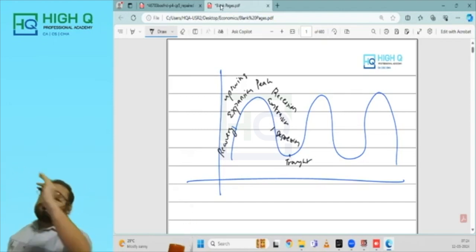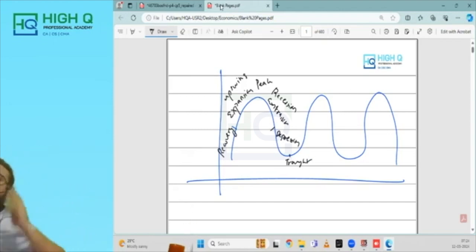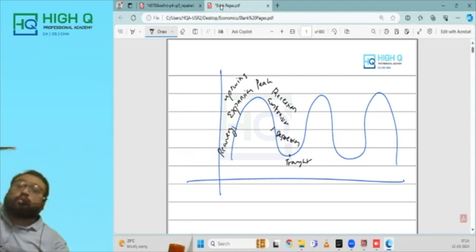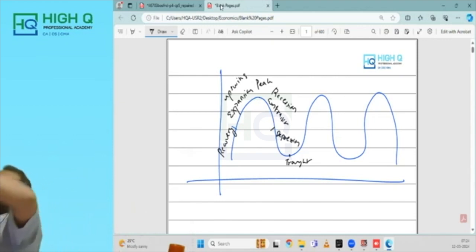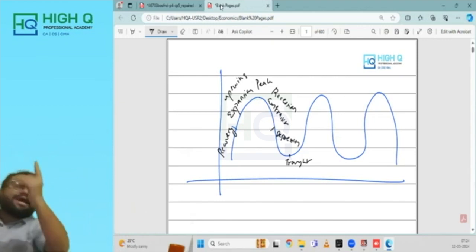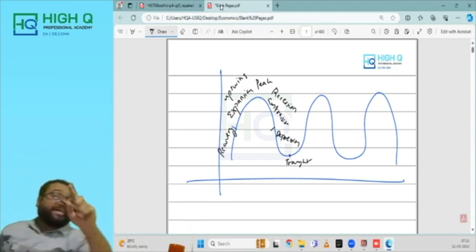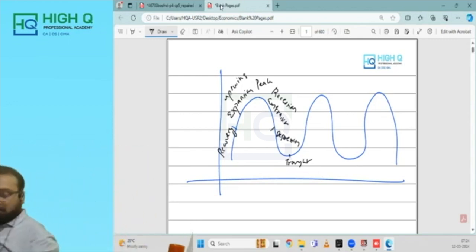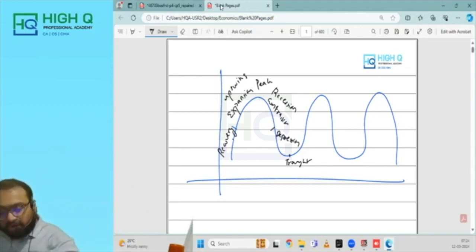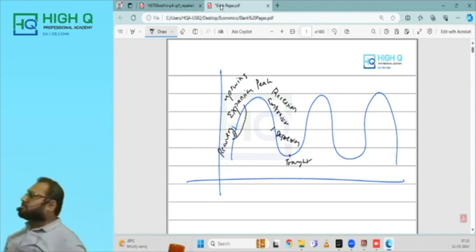See, I'll tell you, depression is the most severe. This cycle, what is going on in the economy? Every economy will have inflation, deflation, upswing, downswing. But we don't know when there will be an upswing or when there will be a downswing. For example, from recovery to expansion, it takes several years.